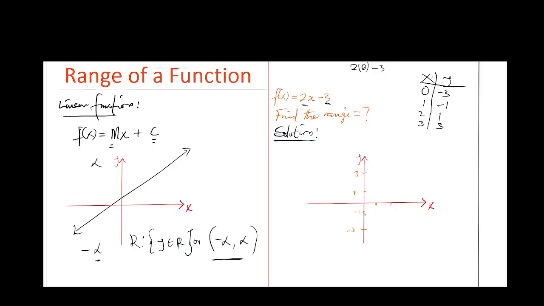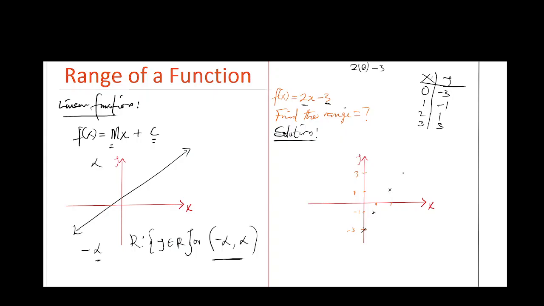Now, if we join all of these points, this is what we are going to have. When x is 0, y is minus 3, which is what we have here. When x is 1, y is minus 1. So this is the point here. And when x is 2, y is 1, which is the point here.